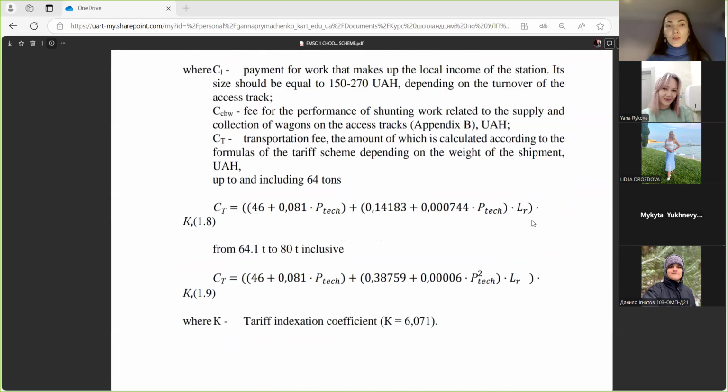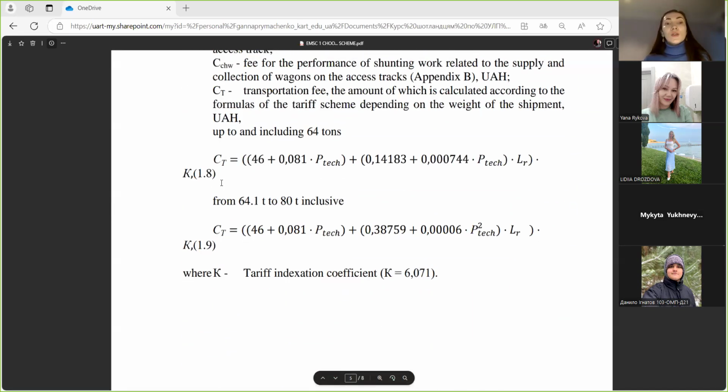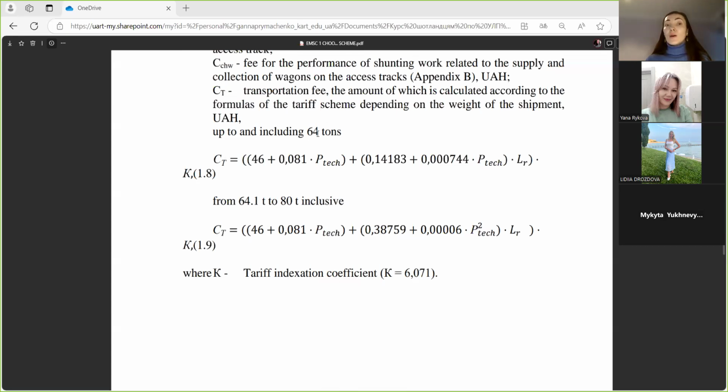So if our P with index stage is below 64 tons, we could use formula 1.8. And write C with index T is equal to, and use all these parameters and your P with index stage.